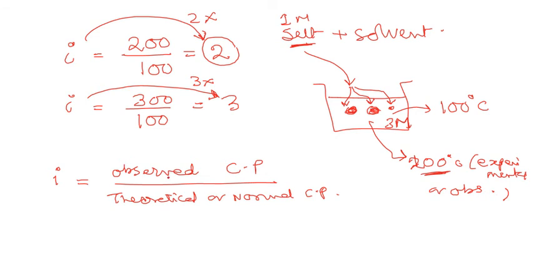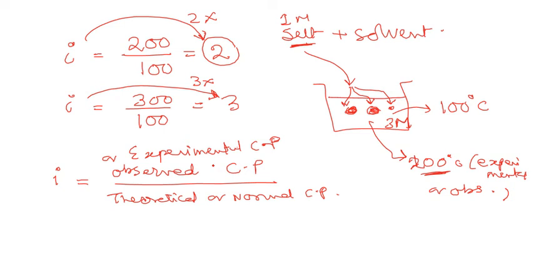In some books you might also get it as experimental colligative property. So it is the observed or experimental colligative property over your theoretical or normal colligative property. Based on this simple comparison, we can also get the value of Vant Hoff factor.